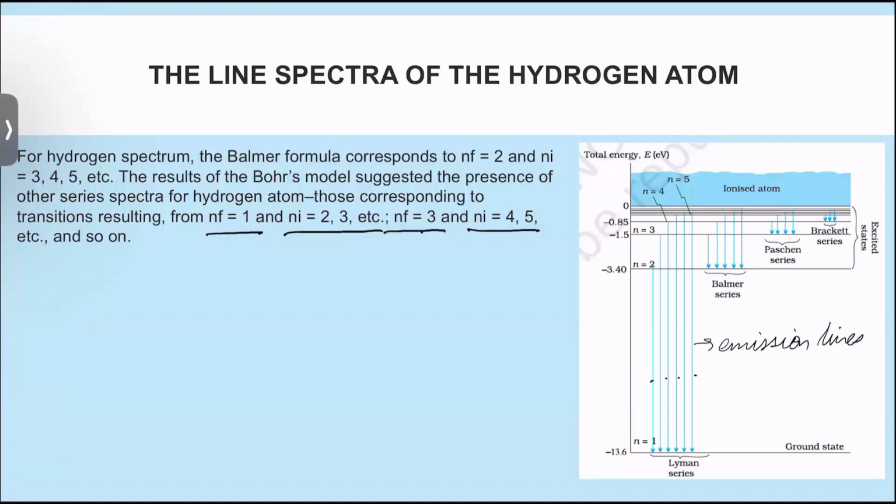But if the atom is absorbing a photon which has the same energy as was needed by the electron to get excited to the higher energy state, the process is then called absorption.